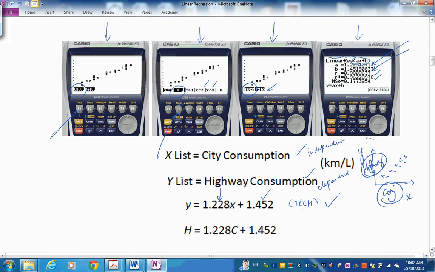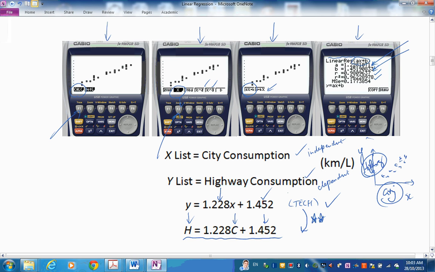But now, this is very, very important in modelling, in mathematics. Here, do not use the technology symbols for the variable. X is the independent, Y is the dependent. We must contextualise it, bring it into the context. So the highway consumption is 1.228 times the city consumption plus 1.452. Do you get it?